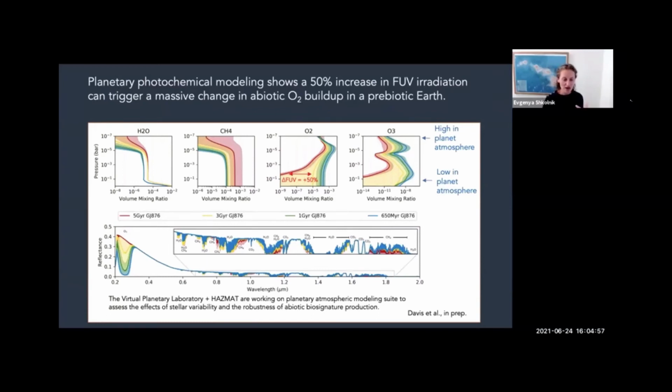And so here, what we're showing is a 650 million-year-old spectrum, something like GJ 876. And as the star ages, moving towards the left-hand side, the impact on these molecules due to photochemistry is very clear and dramatic, especially in this favored feature of ozone here in the blue.